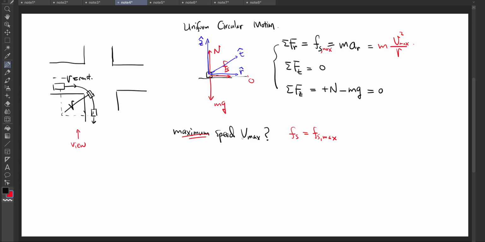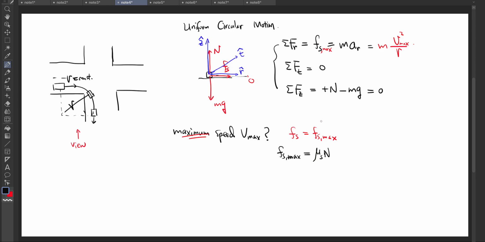All right, so think about what is this value here. So we should write down one more equation. So Fs max equals mu s times N, right?